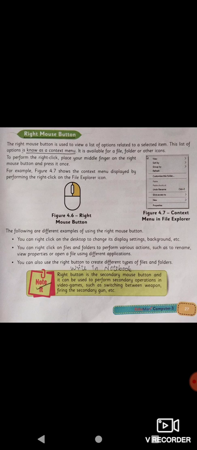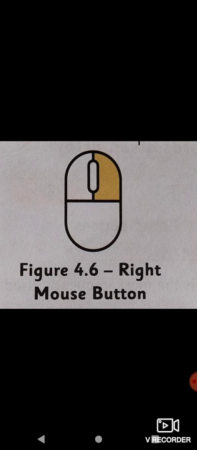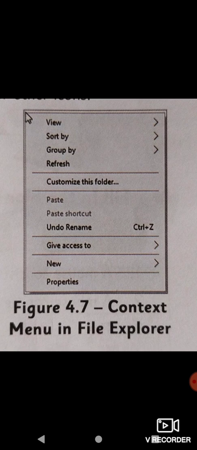As soon as you do a right click, you see on your right we have the picture. Let's see here. First, we will look at what the right mouse button is. The one which is highlighted in yellow is the right mouse button. As soon as you press that button, students, you get the list of options like these.